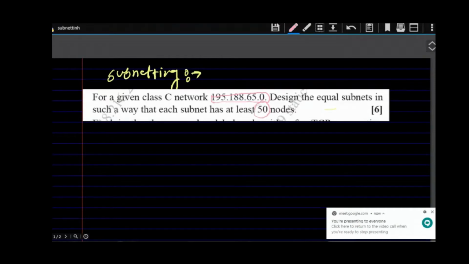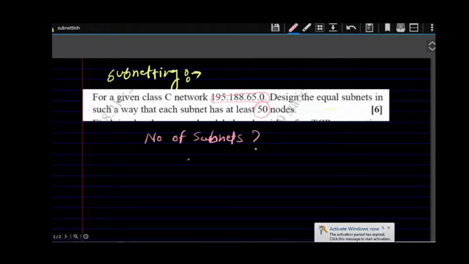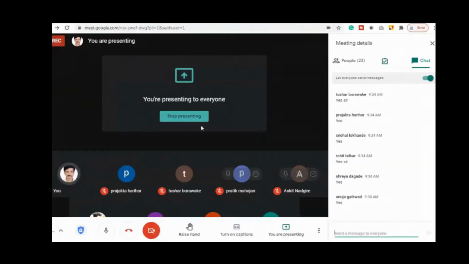Now, in this question, they have not asked about the number of subnets that we have to create. So the number of subnets is not given here. But the additional information is given that the number of nodes in each subnet is 50.